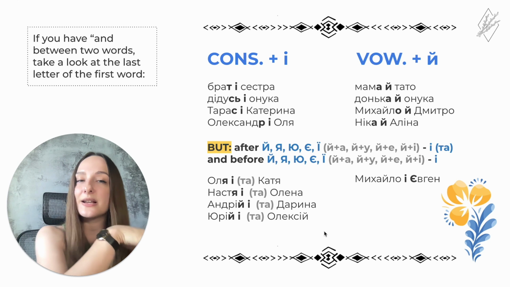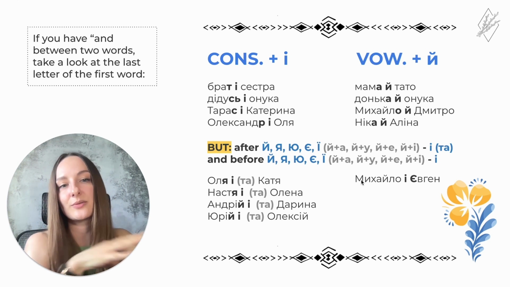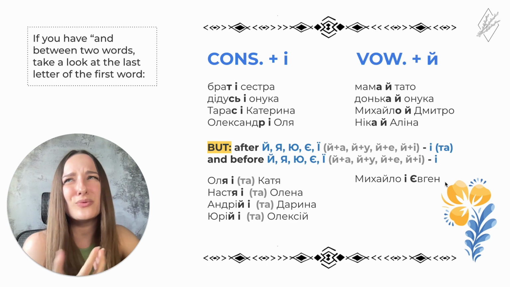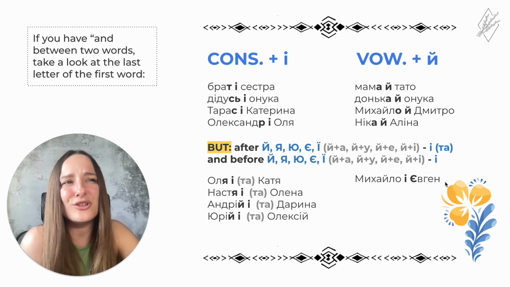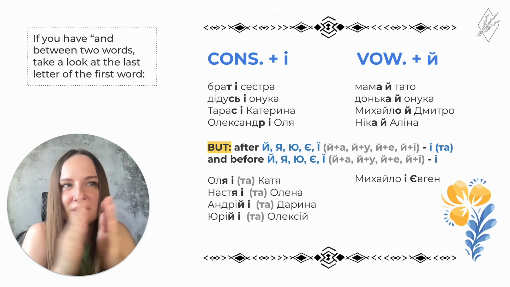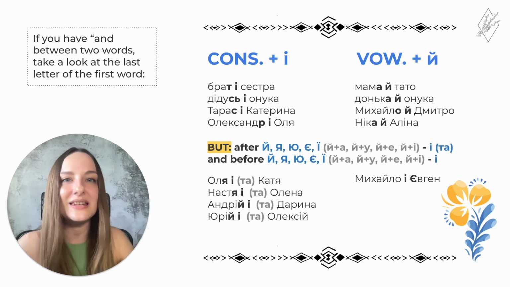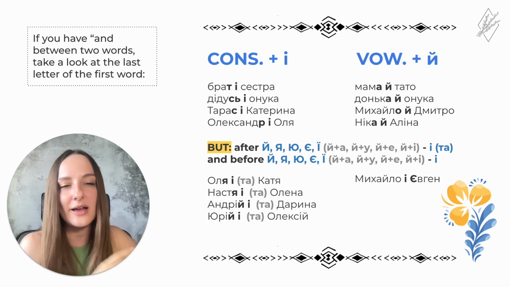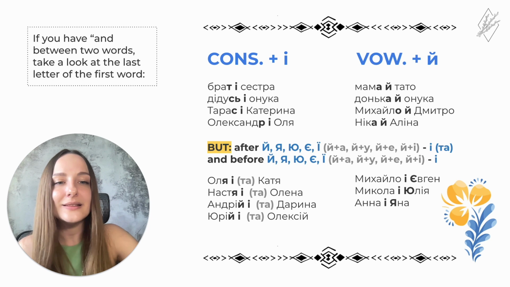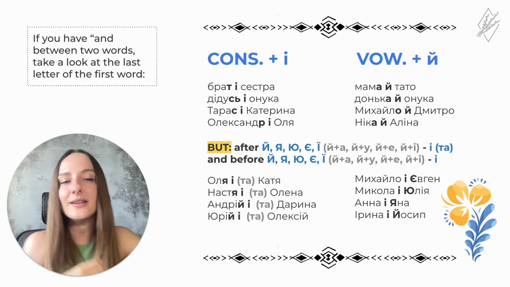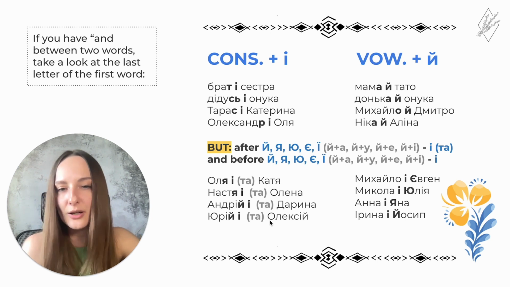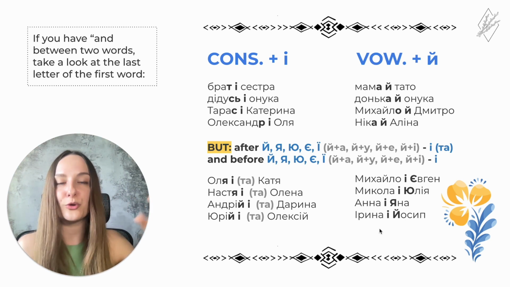Or if your next word begins with one of these letters, Михайло і Євген, because it would be difficult to say Михайло і Євген. 2 y sounds together doesn't work like that. That is why и. Михайло і Євген, Микола і Юлія, Анна і Яна, Ірина і Йосип. Here and here we use и. We prefer to choose и.